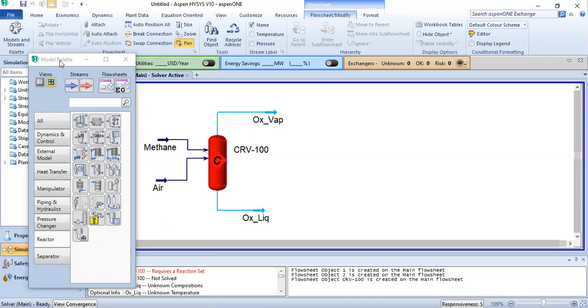Since we have already provided the information, based on that information we have defined the feed stream and just selected the reaction. The reaction portion has already been taken care of.